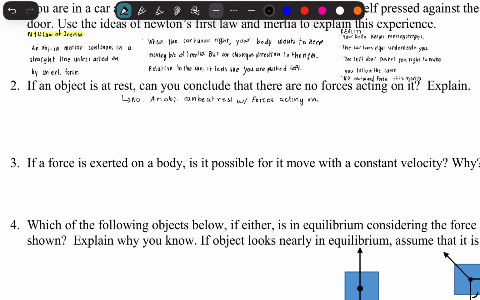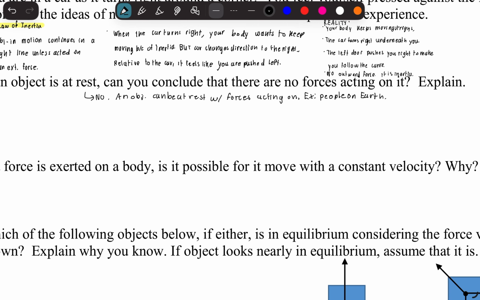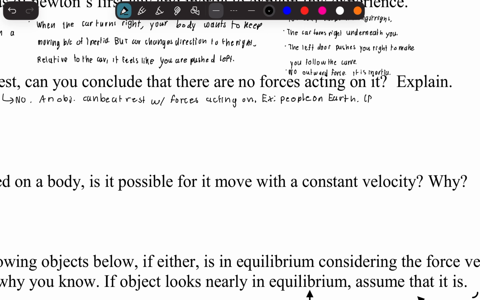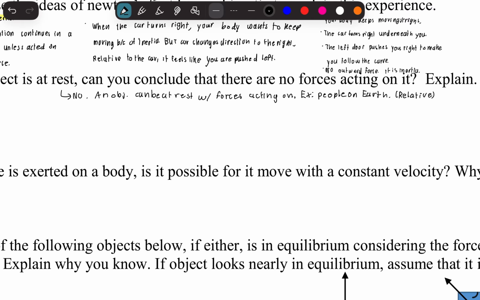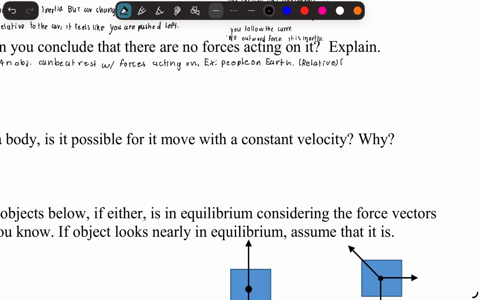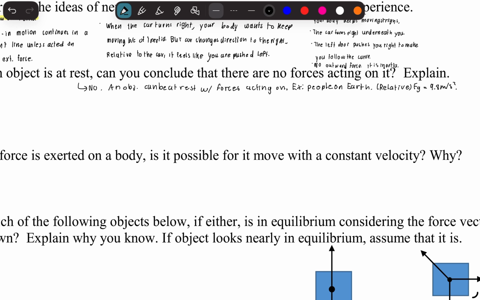One great example is us. Being at rest is something that is relative to a reference frame. On Earth, we always have Fg acting on us downwards, 9.8 meters per second squared, always accelerating us downwards. But we're not moving because of normal force.